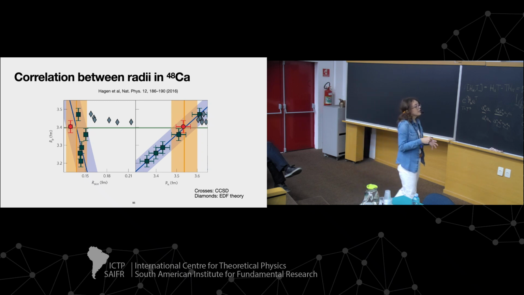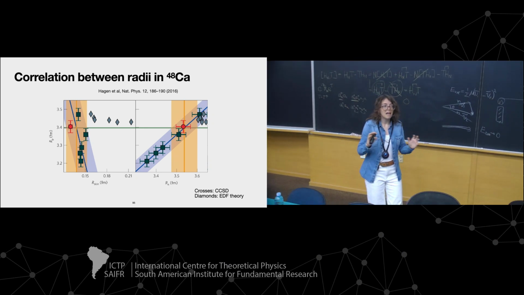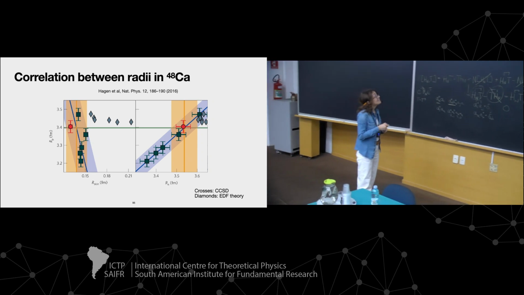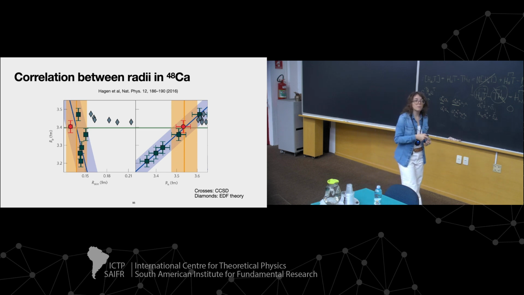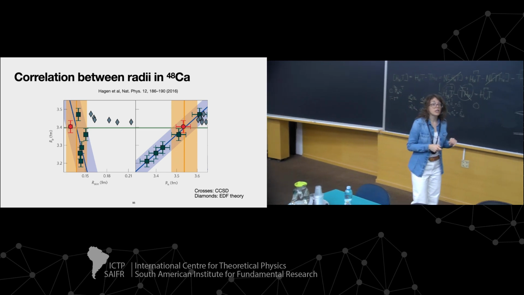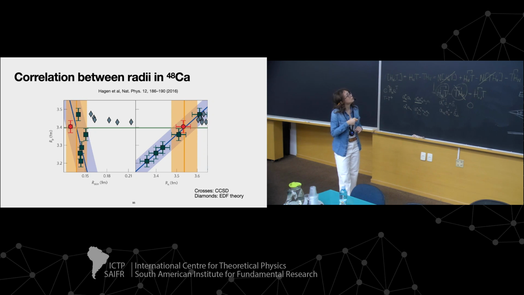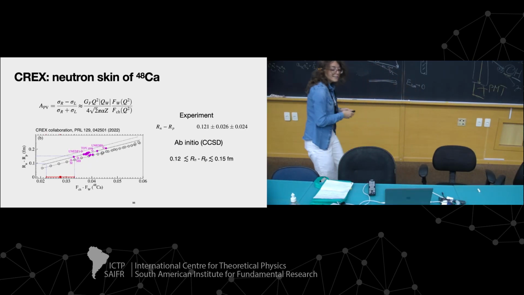And you can think about energy density functional as kind of an enhanced mean field approach. And in that case, what we notice is that there are some shortcomings in describing the properties of closed shell nuclei, and this is actually what we are seeing here. So look just at the value of the neutron skin. It looks like it is between 0.12 and 0.15.